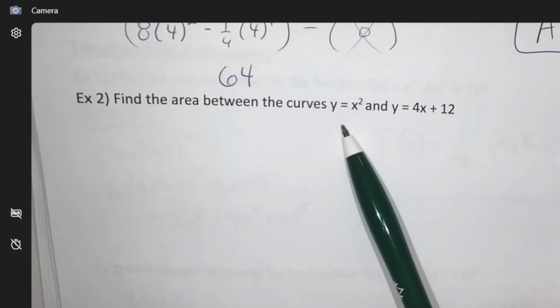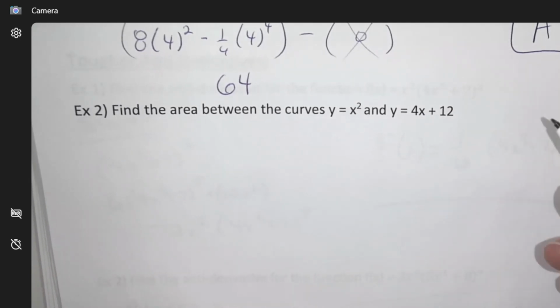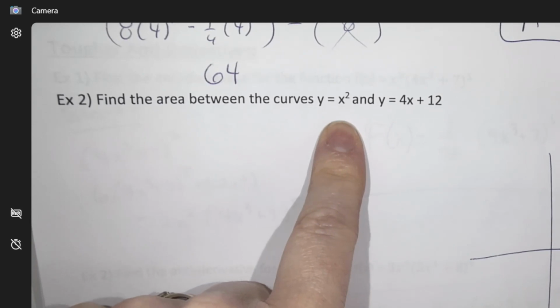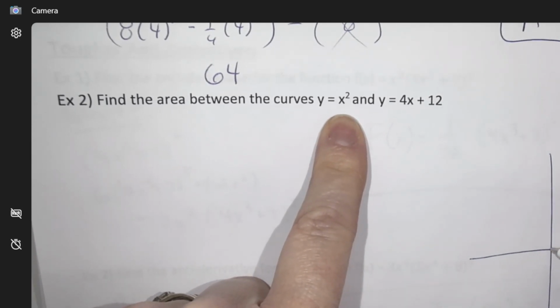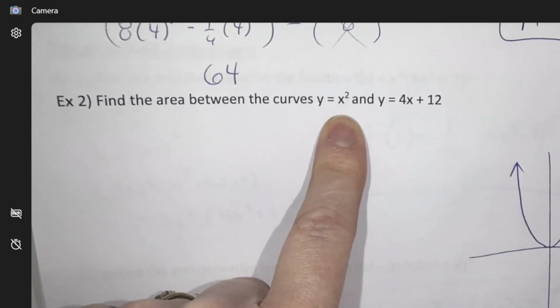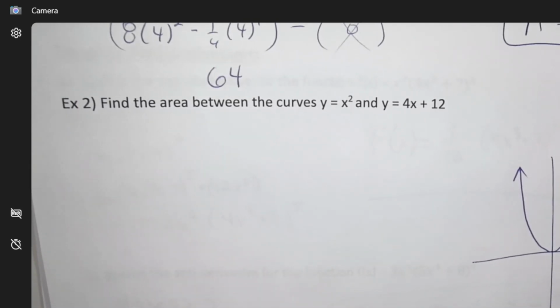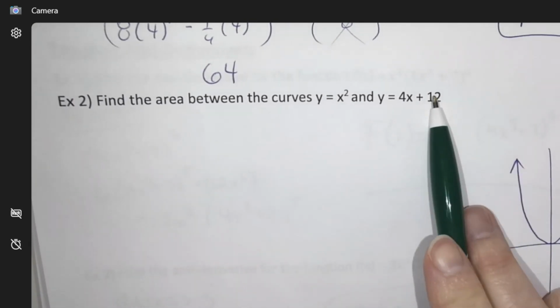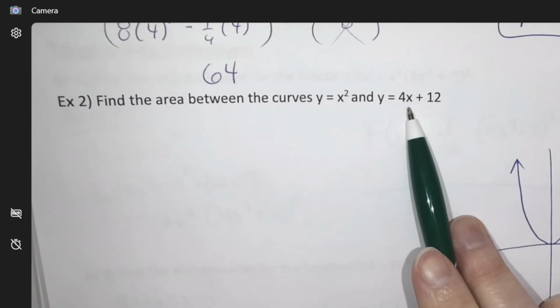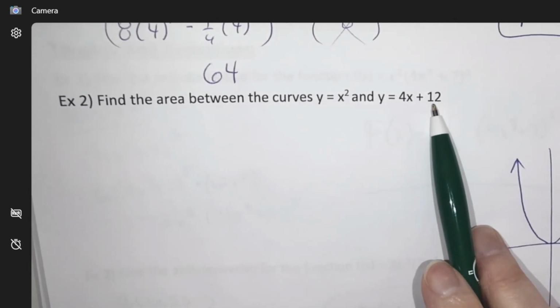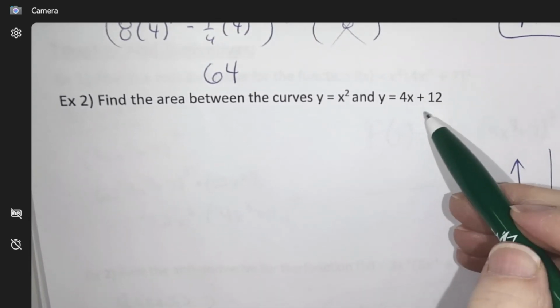Okay, between this curve and this line. So I know this stuff. I know x squared looks like a parabola. I know this is a what? A line with what kind of property on it?